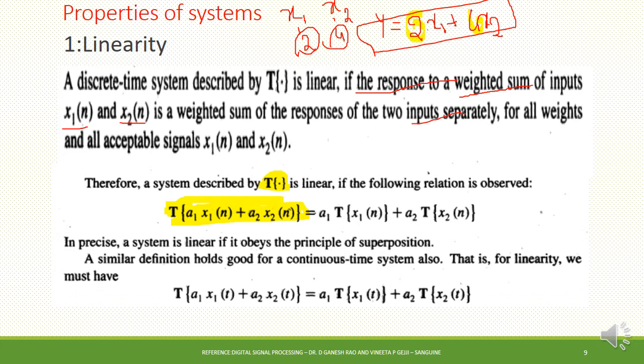This is the definition for the discrete time signal; for continuous time, you just change n to t. Let us hope all of you understood linearity, that is one property.